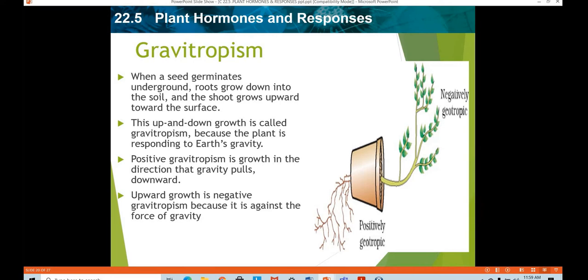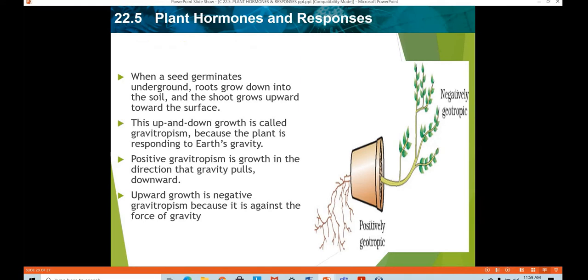So the shoot grows taller because of the production of high levels of auxin, and this is how the shoot grows against the gravitational pull, and grows taller on the opposite side. This growth of the plant upwards as a shoot and downwards as a root is known as gravitropism.